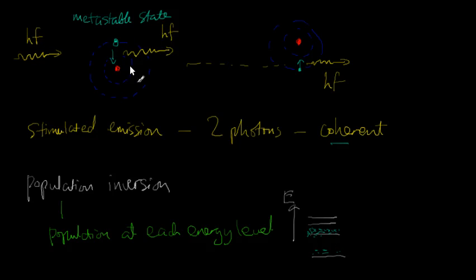But that's what we hope to find. That's what people have been hoping to find anyway: situations where the electrons can be metastable. And over the years, indeed, people have found such materials and situations where they can have metastable states, and that's how lasers have been invented, and that's how we can use them today.